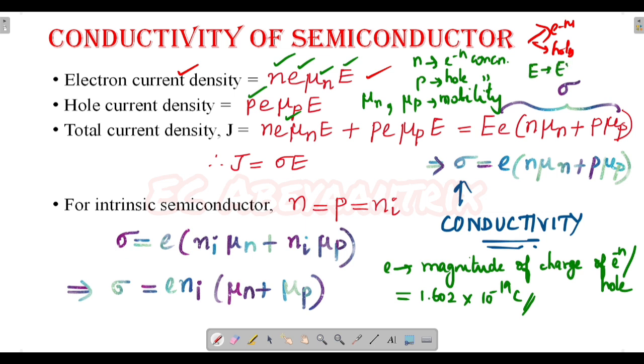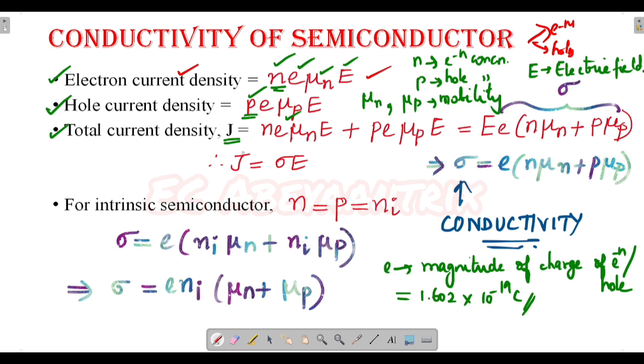So this is the electron current density and the hole current density. In the electron current density we include the electron concentration n, and in the hole current density we include the hole concentration p. The mobility also changes: mu n there, mu p here. Now, next we are going to calculate the total current density J.